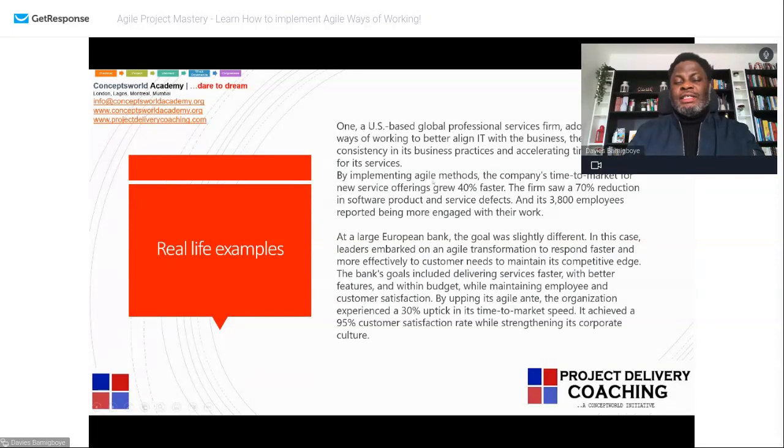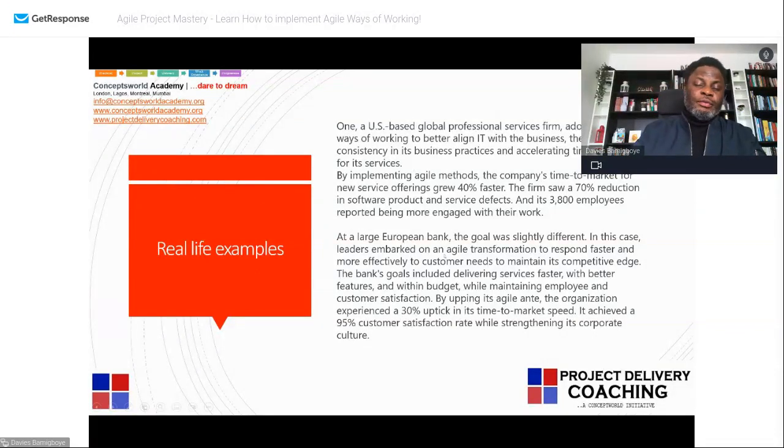By implementing Agile methods, the company's time to market for new service offerings grew 40% faster. The firm saw a 70% reduction in software products and services defects, and its 3,800 employees reported being more engaged with their work. That's a real life example. This is something that's happened to a company out there that adopted Agile ways of working.